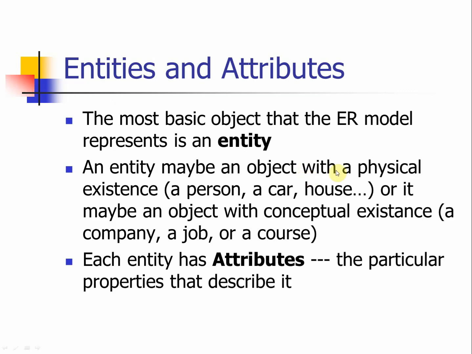So it can be something that really exists, or it may be an object with conceptual existence, such as a company, a job, or a course. You cannot really see that. You can use it, you can be there, but you cannot really see it. So that is a human creation, a conceptual existence of an item, and we try to describe it.